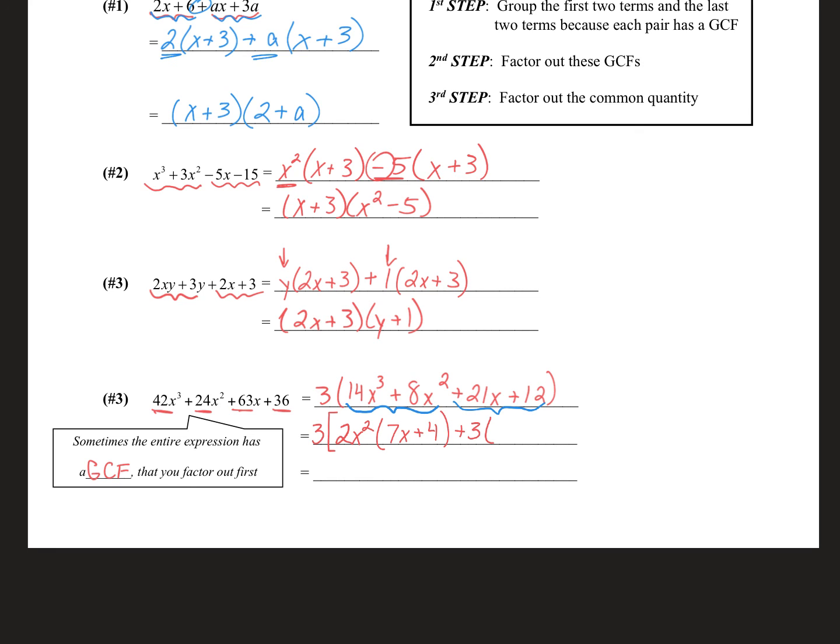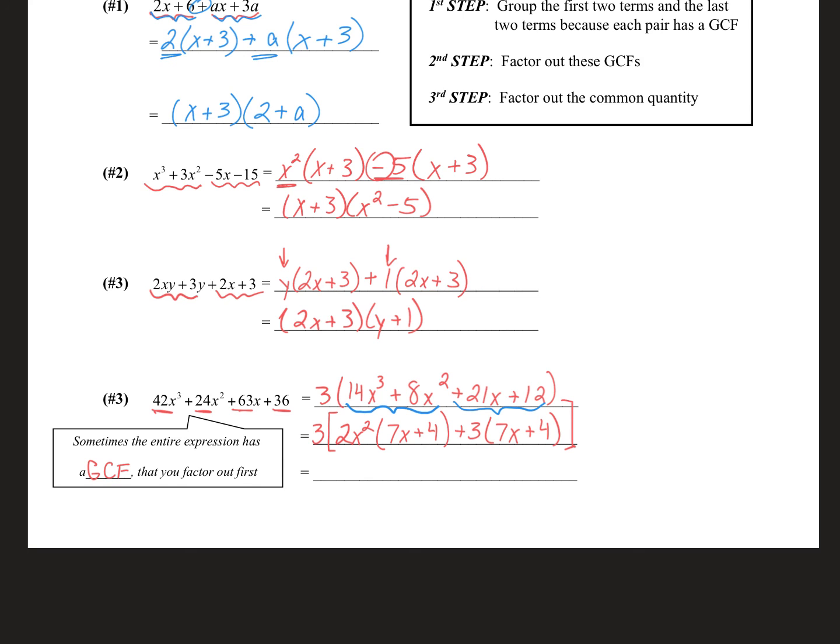If that's confusing, make sure you list all the factors out and then find the biggest number that those two terms have in common. But we can also use some educated guesses to figure out what that could be. 21x divided by our GCF of 3 is going to be 7x, and 12 divided by 3 is 4. I'm going to close my bracket because that's all inside parentheses.